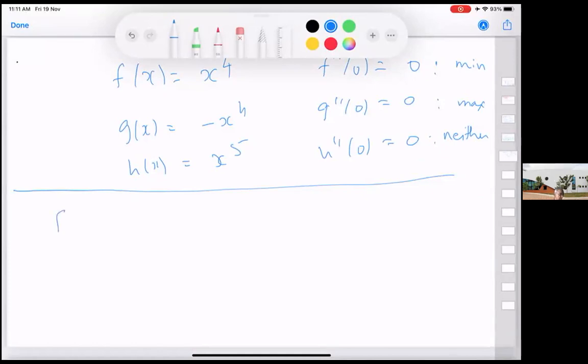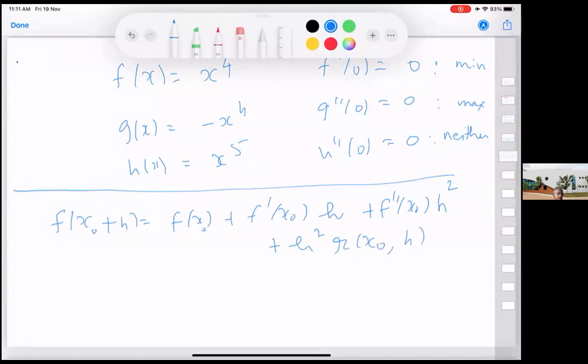Then we have f x square times R x0 h, where this converges to 0 as h goes to 0.